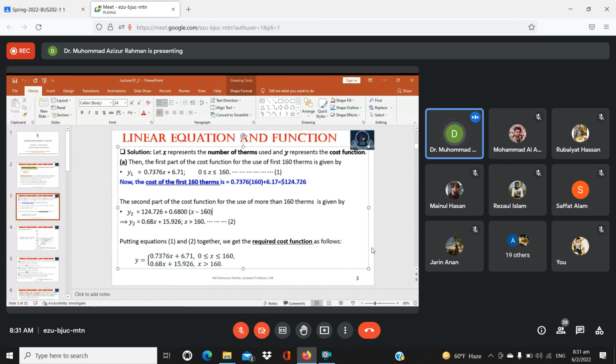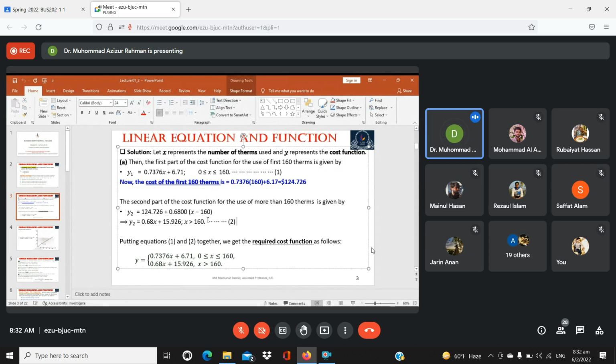If you use 170 therm, for the first 160 therm you have to pay this much. Then the balance 10 therm, the x value is 170 minus 160, that means 10 therm here. For the next balance 10 therm you are paying a different rate, and once you total it you will get the second function.